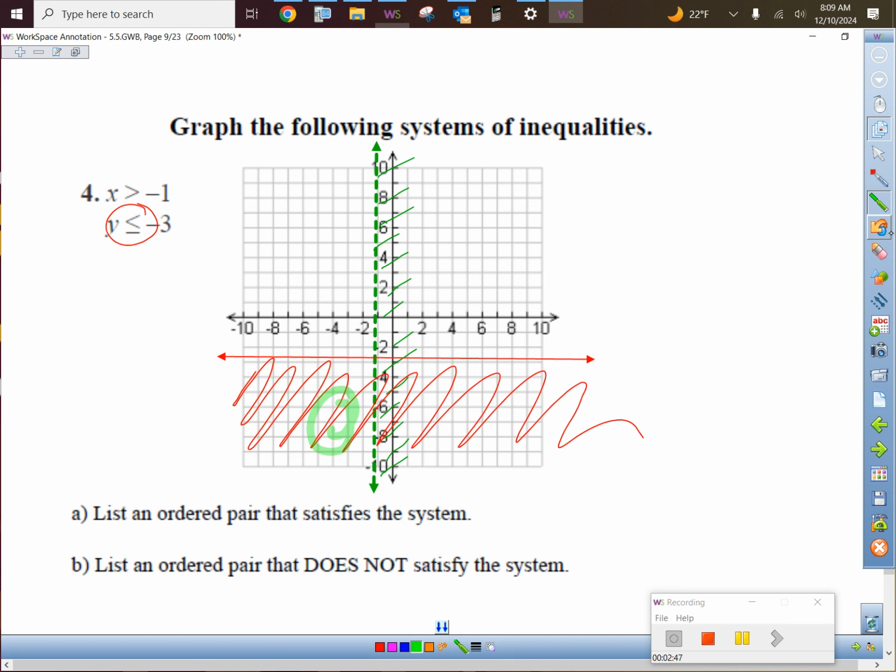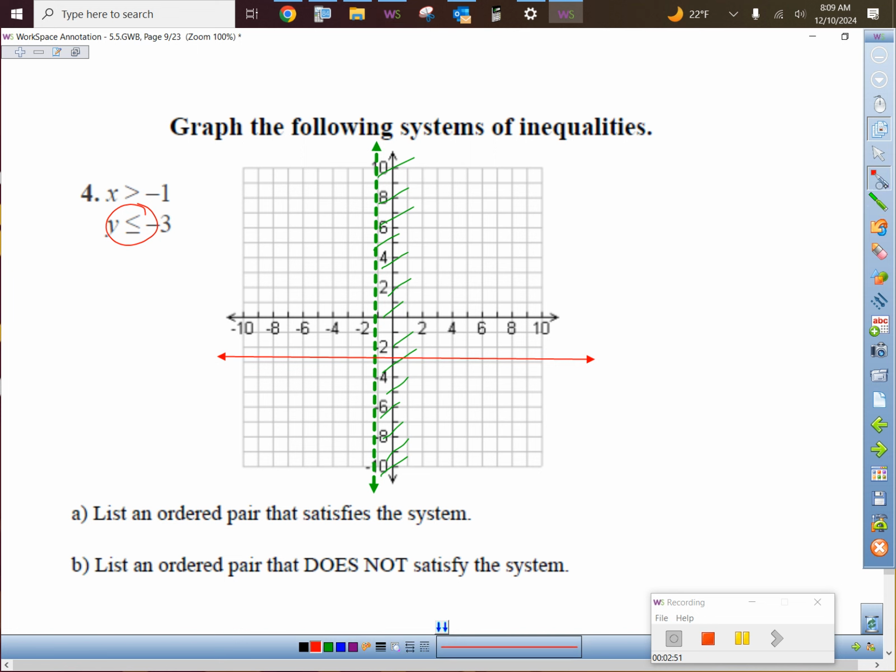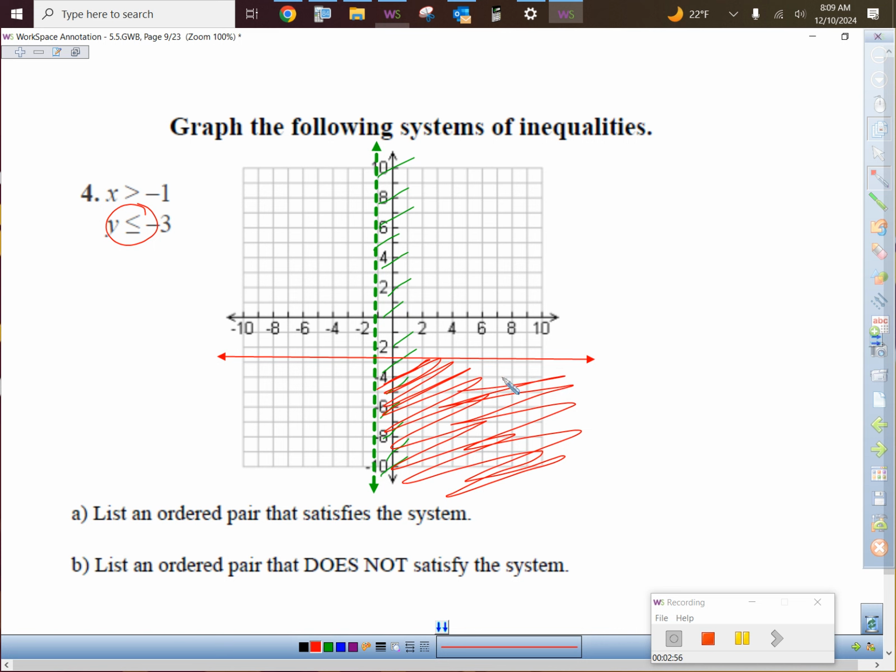Because the green shade wasn't there in that case. Isn't the final answer going to be right here? You can shade this in nice and good, because that's where the red shade and the green shade totally overlap each other. That is to the right of that guy and below the other dude. So any ordered pair in that final shaded region would satisfy the system.